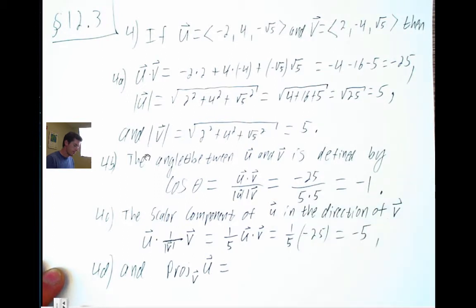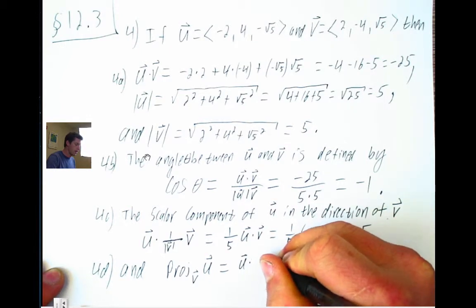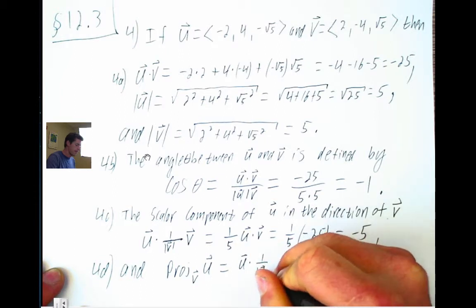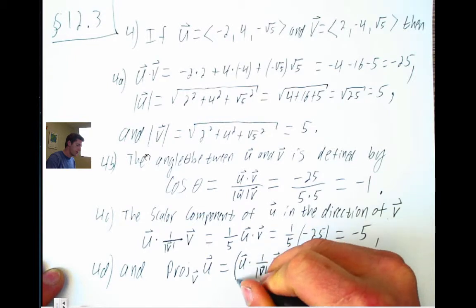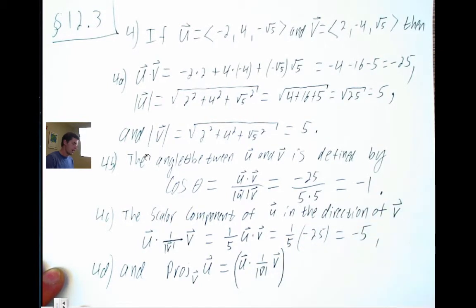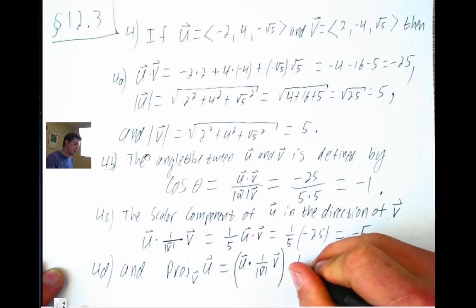That is, let's see, first you take that scalar projection and then you simply say that you've got that quantity going in the direction of v. So you take that scalar that we just calculated. Right, we just calculated that. It's a scalar. Let me put it in parentheses. And that scalar is going to be the magnitude on the vector 1 over v.